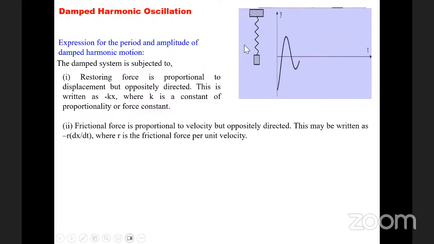Why are these oscillations dying out here? Can anyone tell me, please? Why are these going to be zero? Due to gravitational force, this friction we can say. No. Next, anybody else?